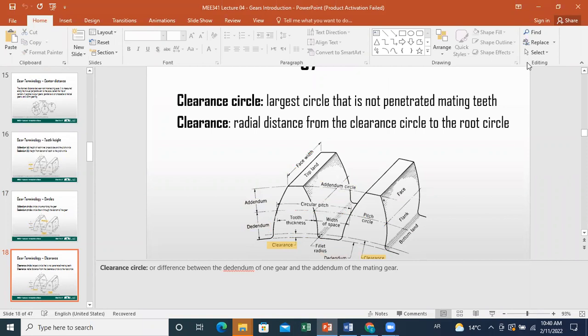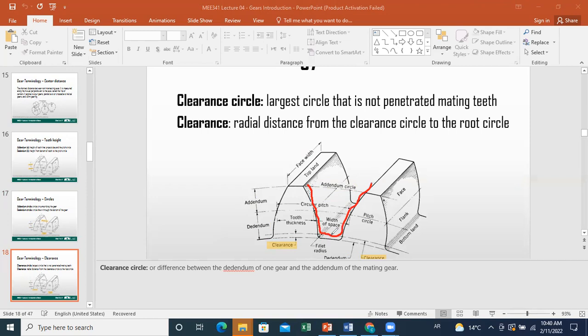Whenever you have contact, the teeth of the other gear will penetrate this gap. But if you observe the maximum distance of penetration, you will see that you still have a certain gap here.